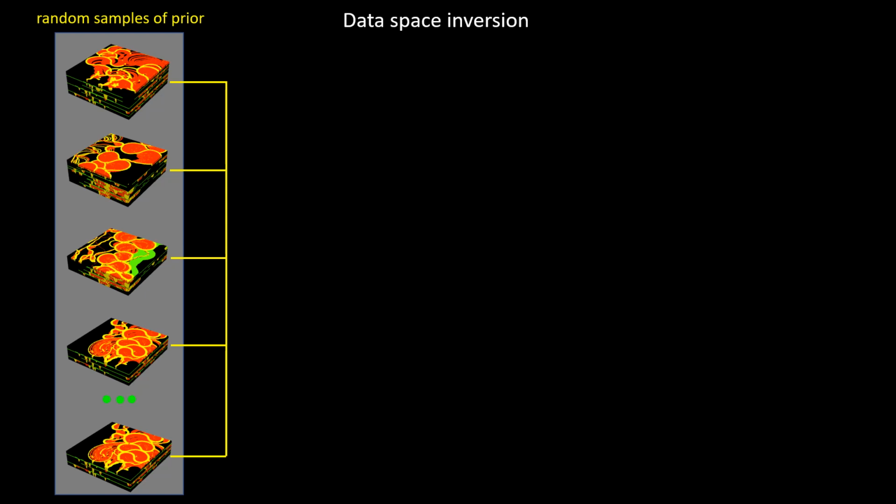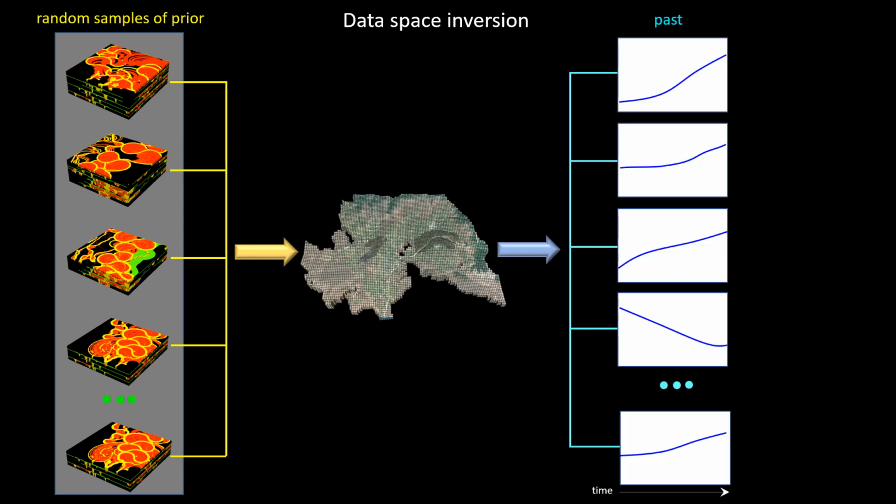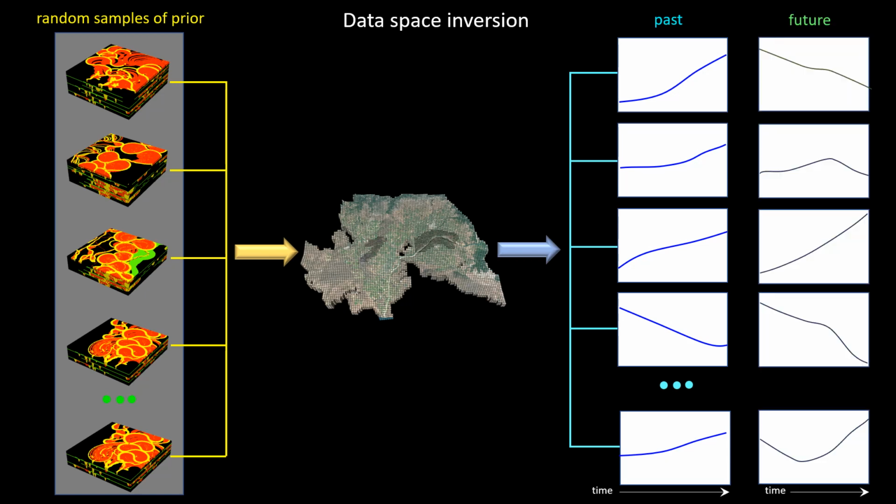So they could be generated by a modern-day geostatistical field generator. So they can be as complex as the structural complexity of the complex model. So we generate, say, 500 realizations of the prior parameter probability distribution, run it through the model, run the model over the past and into the future.